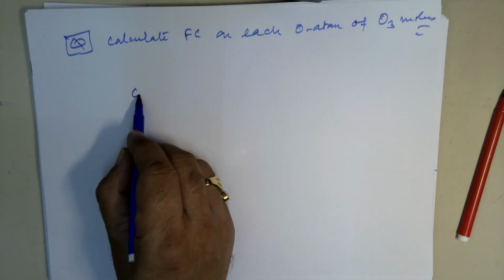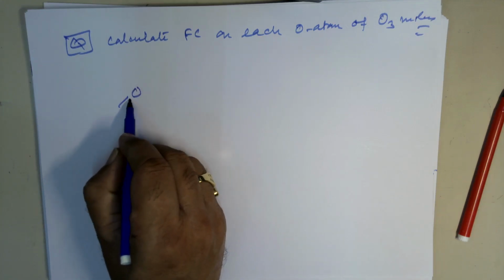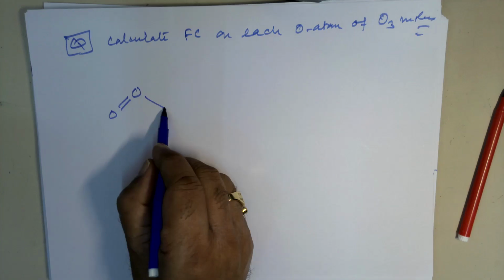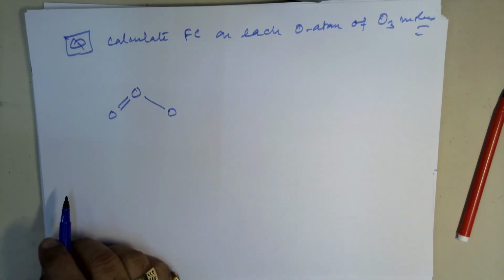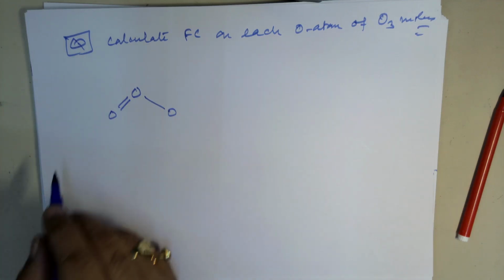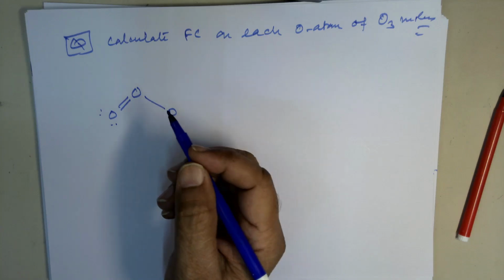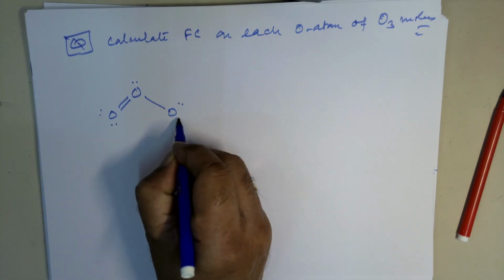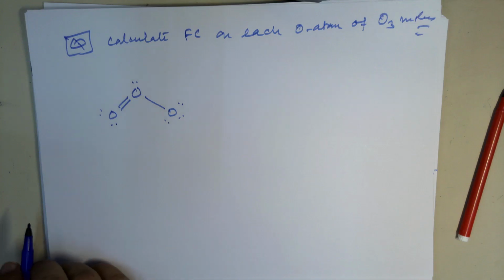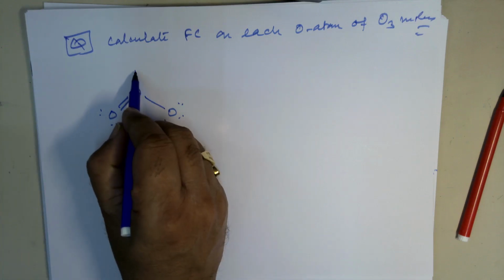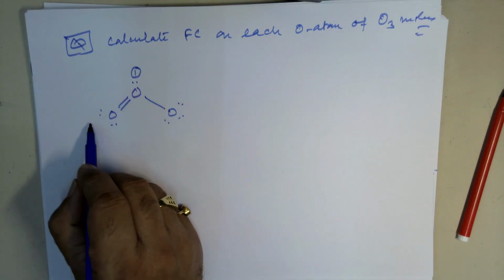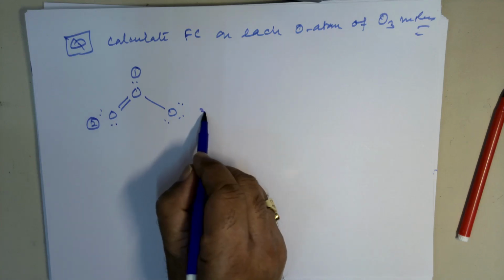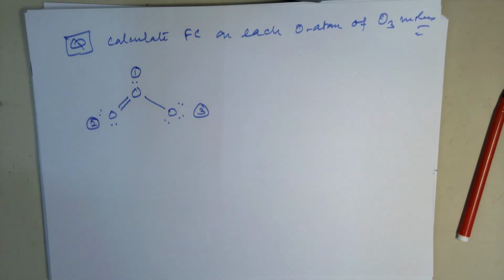How about the ozone? O, double bond on one side, single bond on the other side, right? Let me identify them as first oxygen, second oxygen, third oxygen. So let us work out one by one. The oxygen atoms have been numbered as 1, 2, 3.